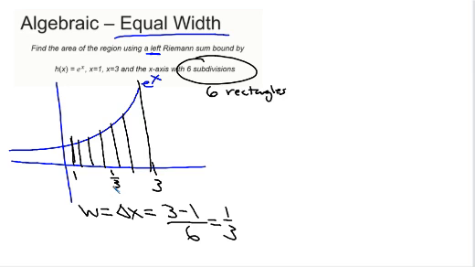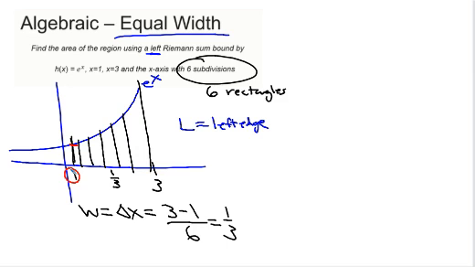But what am I using for the length? The length is, once again, the left edge. So what is the left edge? On this first one, the left edge is f of 1.